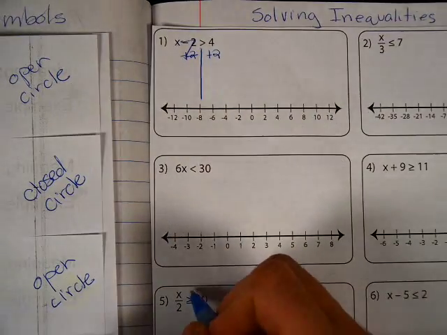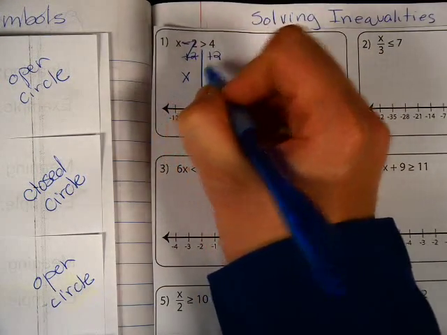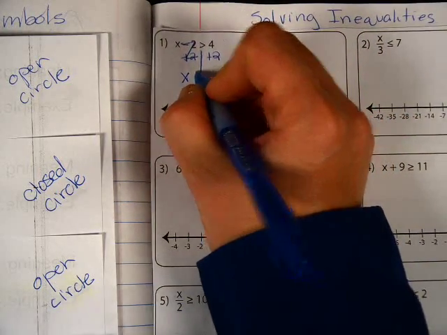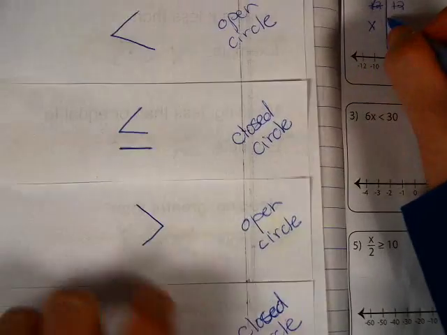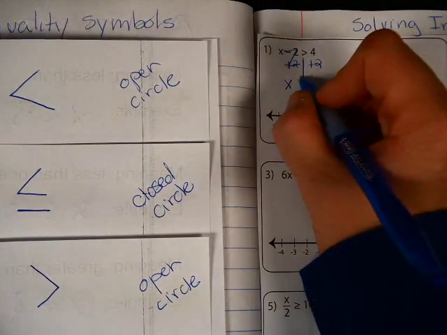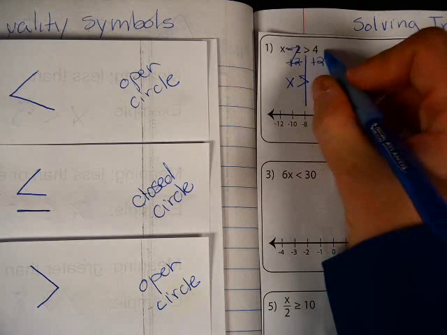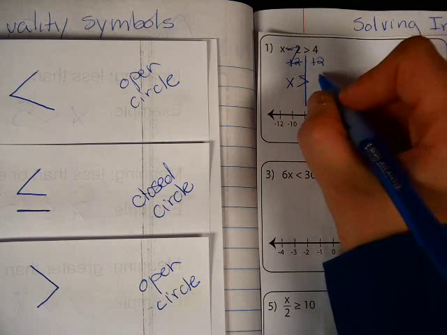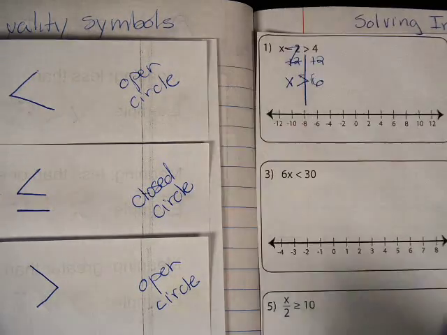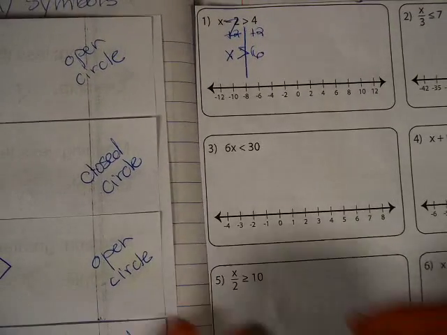These guys will zero out and you'll be left with x equals, or not really equals, which symbol is it? It is this one, so it's greater than, what is 4 plus 2? Yep, 6. So you have to locate 6.